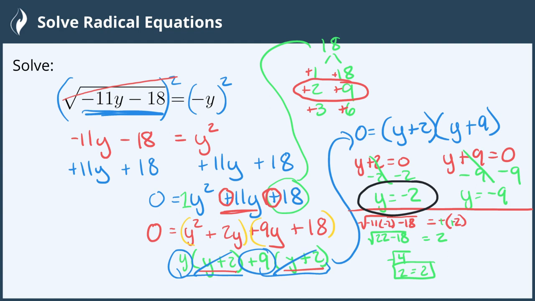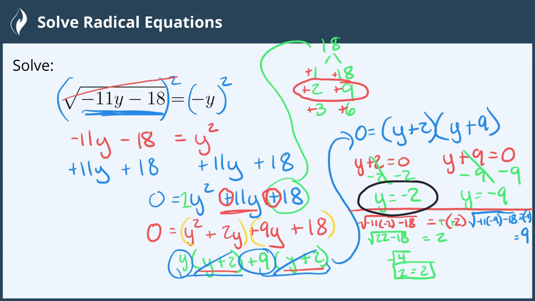Now let's go ahead and try y equals negative 9. So we end up substituting that in, and we get the square root of negative 11 times negative 9 minus 18 equals negative, sorry, this is getting really small, negative 9. A negative times a negative is positive, so we get a positive 9 here. Just putting that there so that we don't lose everything over there.